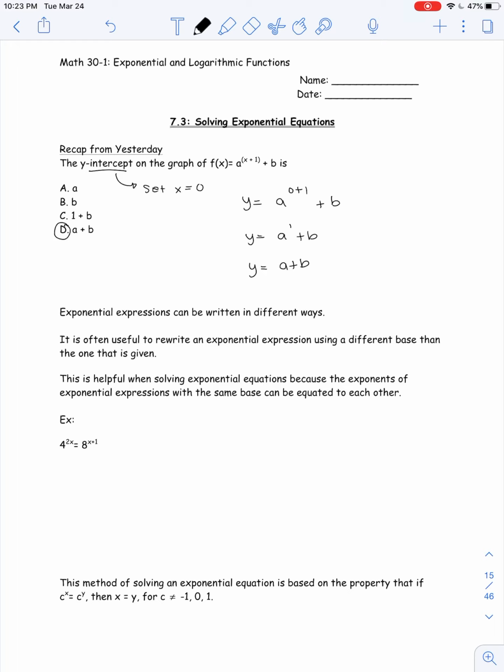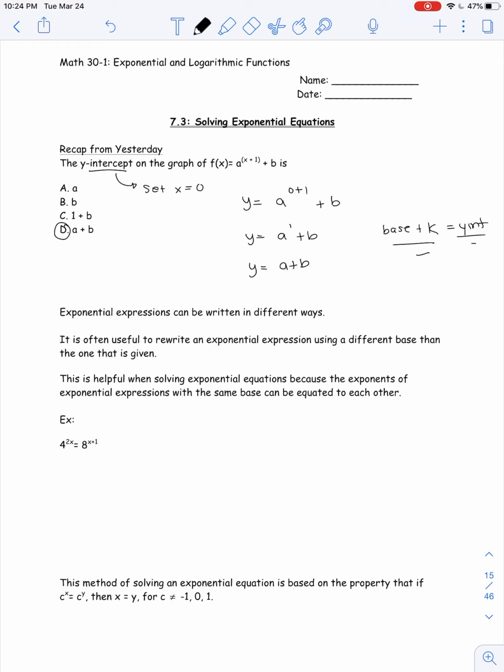So if we ever add together our k value, which in this case is our b, and our base, the base plus our k value should add to the y-intercept. That's a little trick that you can use to find the y-intercept value.